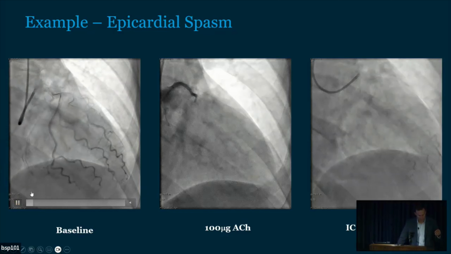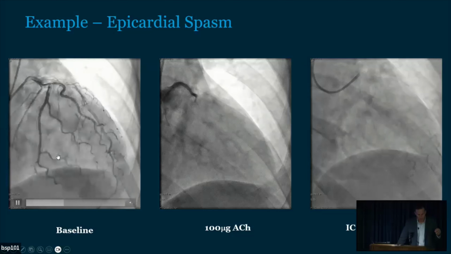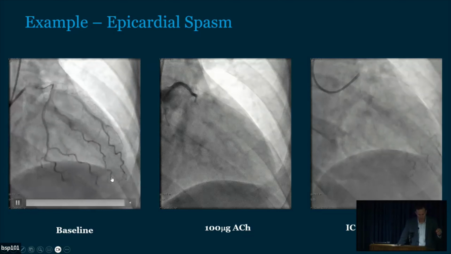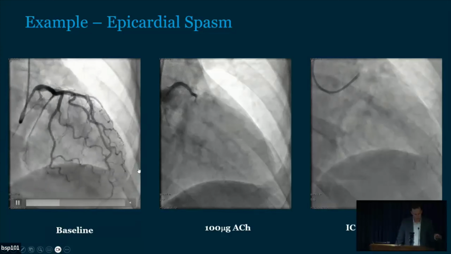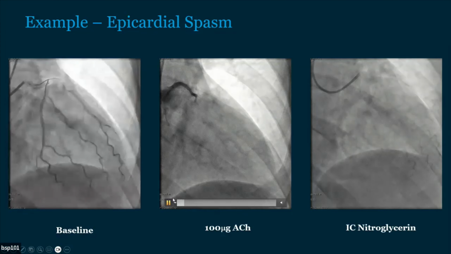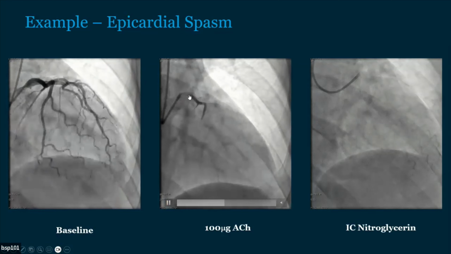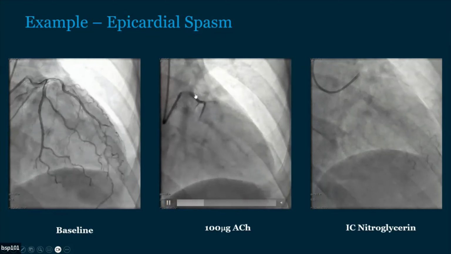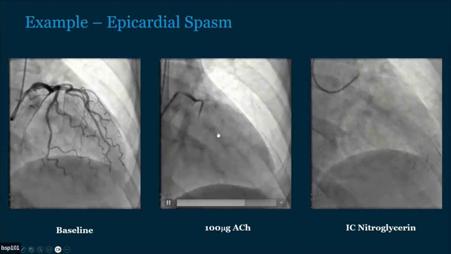So this is a patient that came in with typical episodic chest pain. This is a depiction of her left main and her LAD coming down here, free of disease. Then we give gradual doses of acetylcholine, and then this is her shot at 100 mics. You have complete occlusion of the circ, you have complete occlusion of the left main, and you have complete occlusion of the LAD.